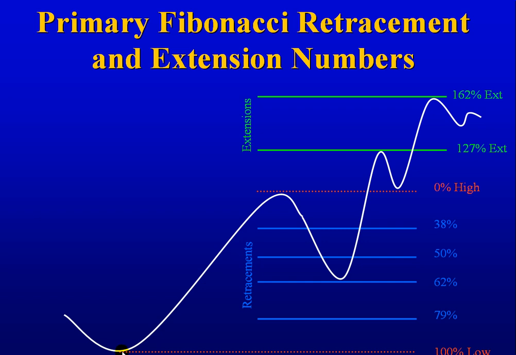If we have a price swing that starts here at this low and price moves up, we have a full price move from the low to the high. Then, as we saw in our previous examples of price swings, and as we've seen many examples of leading up to this point, we will then watch price retrace, and it could retrace 38%, 50%, 62%, 79%, or it could retrace a full 100% of this rally.